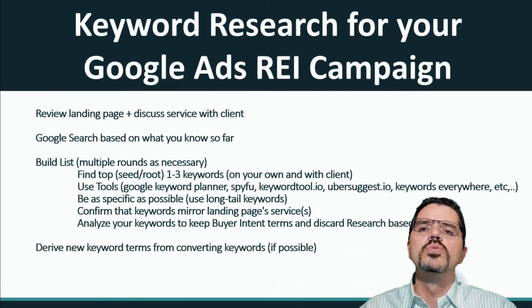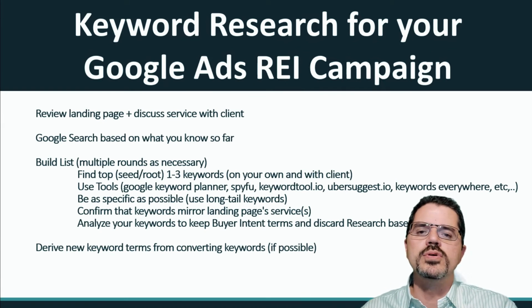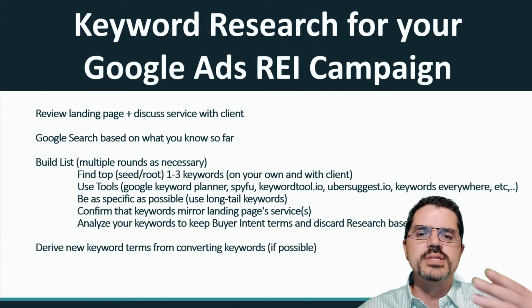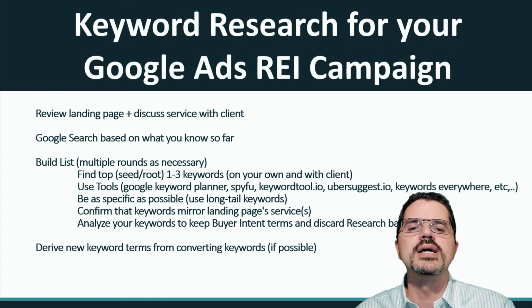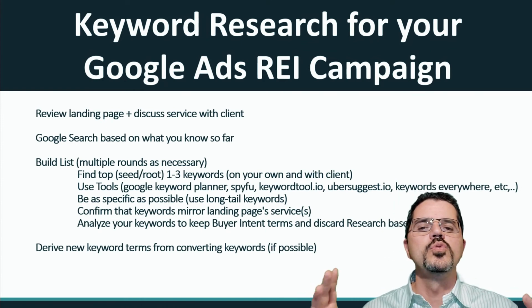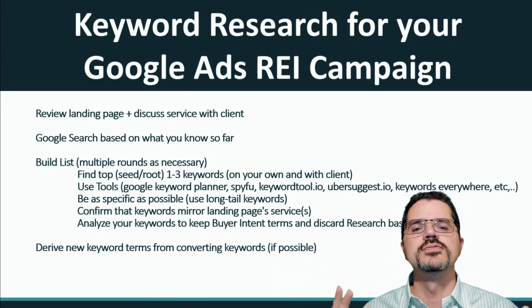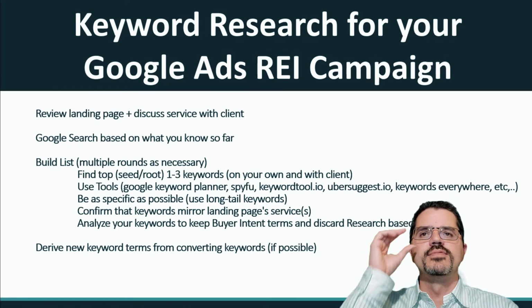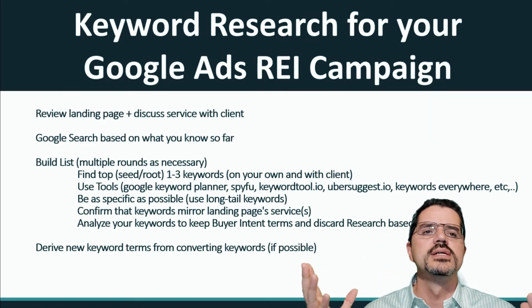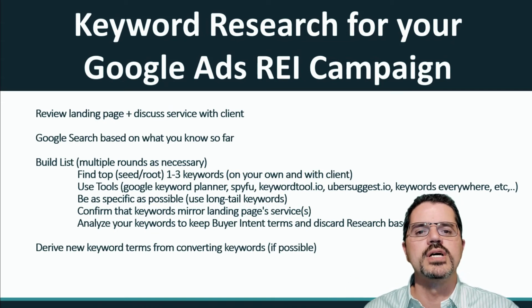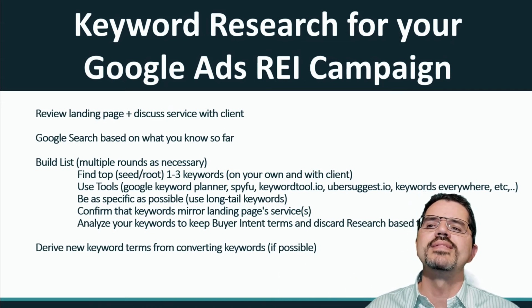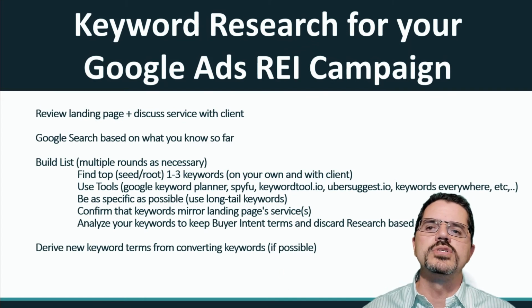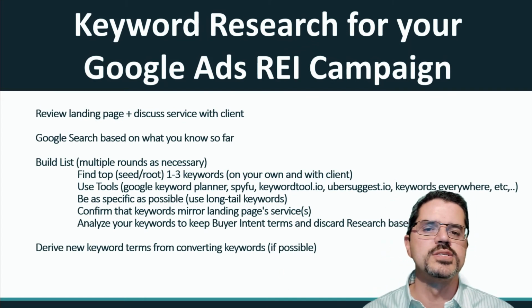All right. So once you do those 5 steps and you do them enough times, you do them in rounds, you will have a good basis for your keywords, right? You will have a solid fundamental list to go off of and be able to launch your campaign off of that. Once you have that, go ahead and derive new keyword terms from converting keywords if possible.